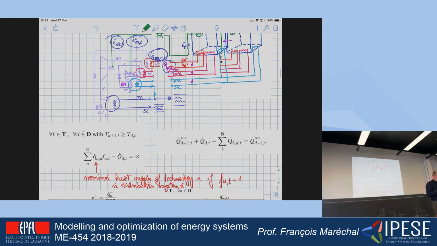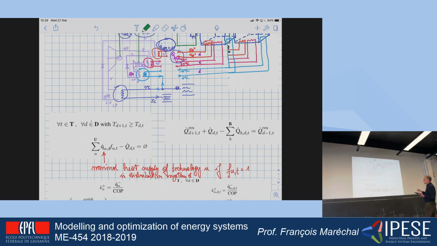Okay, so summarizing, I have here the supply of the heat by the different units that have been calculated at a given heat supply level that will be multiplied by a certain level of usage at the time t. I have the balance of the heat that is needed at the temperature T in the distribution system D.